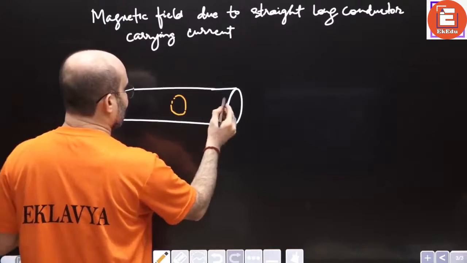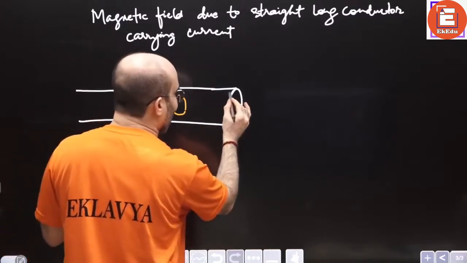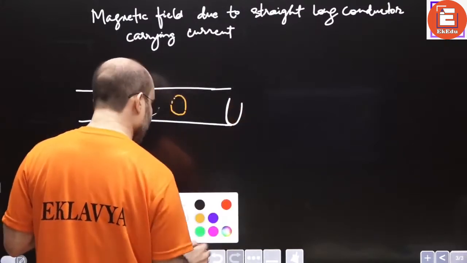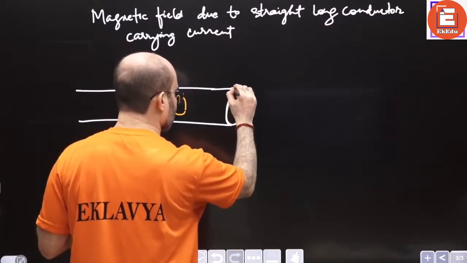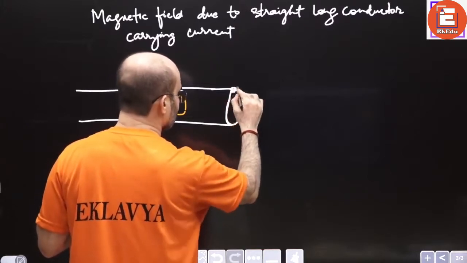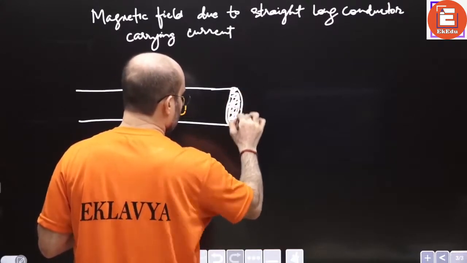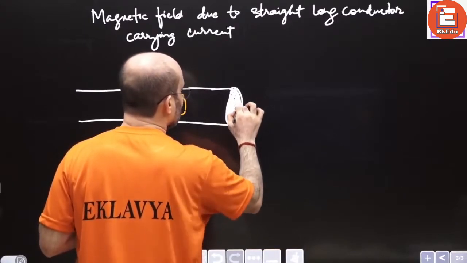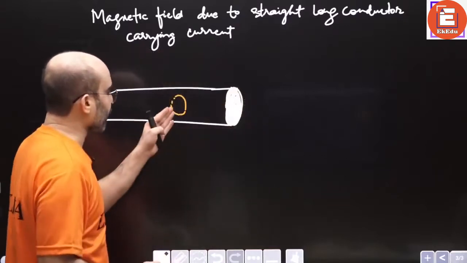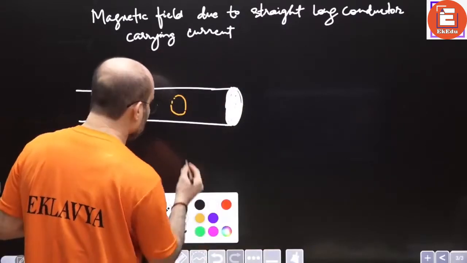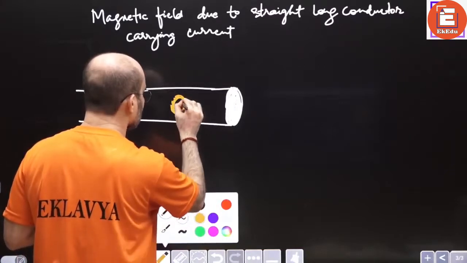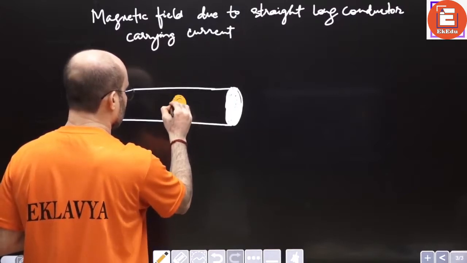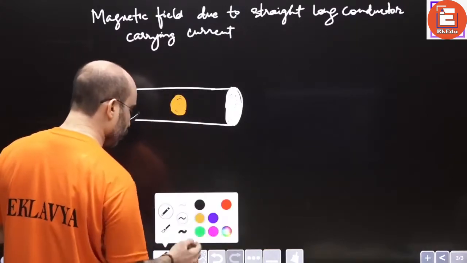If current I is flowing in this entire cross section, do you think that the same current will be flowing through this smaller cross section? No. For this cross section, the current flowing would be different.